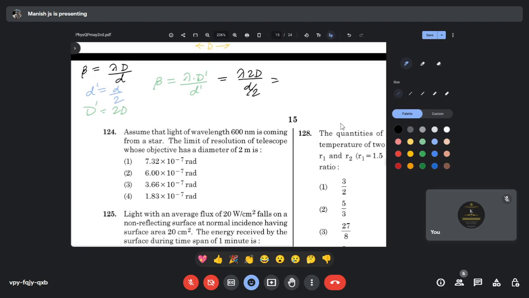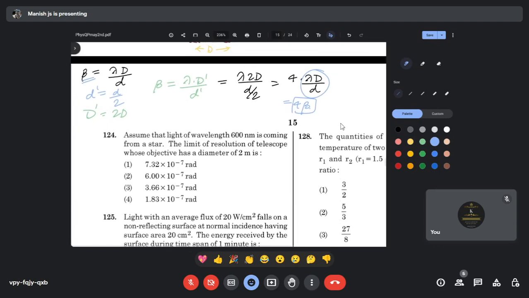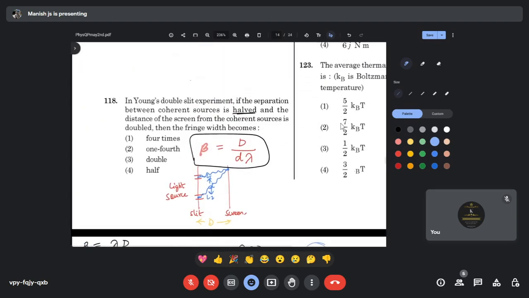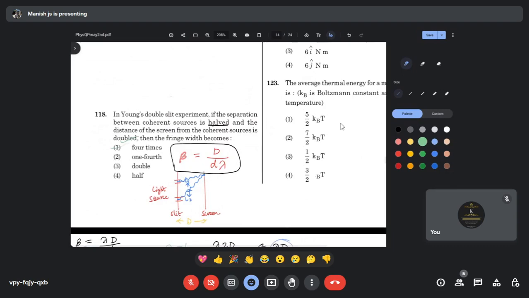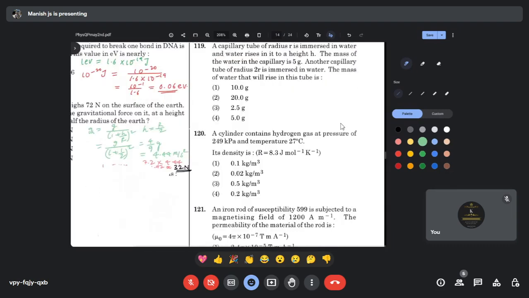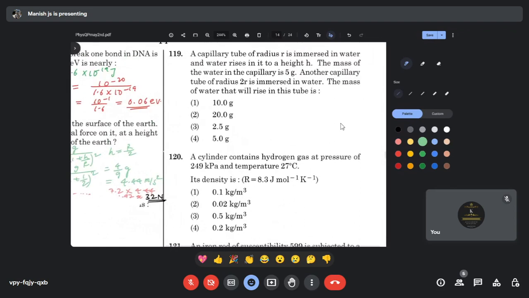You know that the 2 would get reciprocaled, and ultimately you would get 4 times lambda D by d. Lambda D by d is nothing but fringe width, so I can say 4 times beta. So it is becoming 4 times what it was before. Option 1, sir. Yeah, so it becomes 4 times. Option 1 is true. So that's the formula you will have to remember in this case.